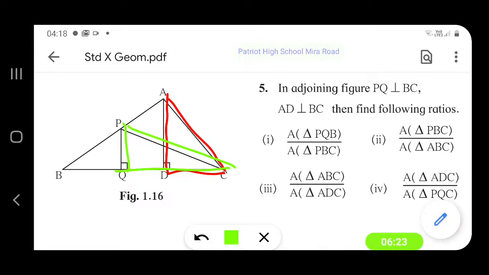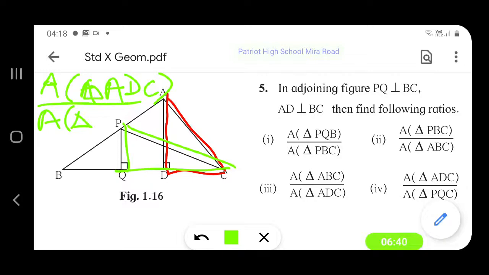So the ratio of areas of these two triangles will be area triangle ADC upon area triangle PQC.